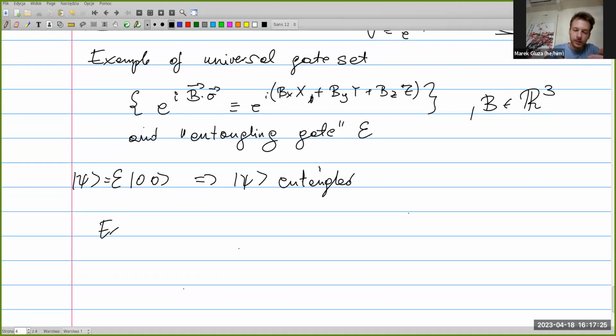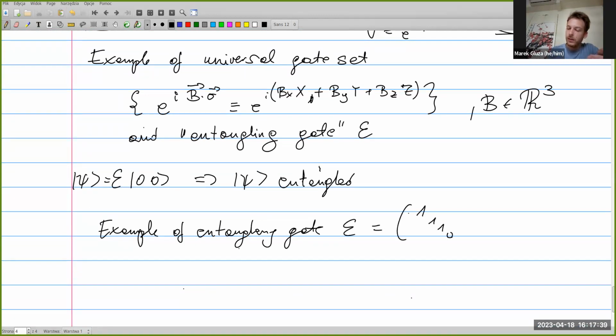An example of an entangling gate, epsilon, would be 1, 1, 1, not minus 1, 0 and 0. So it's a unitary operation on 2 qubits.